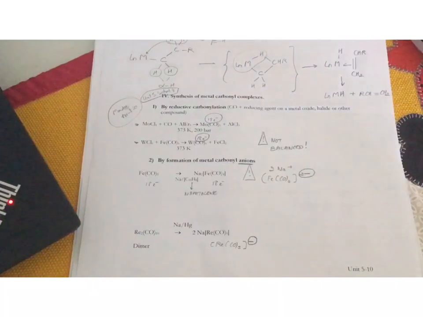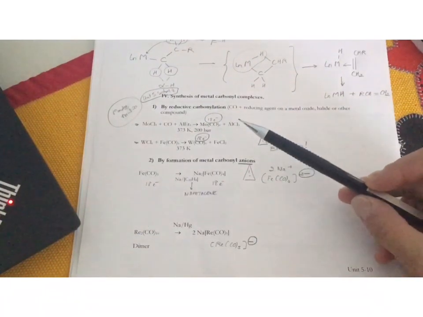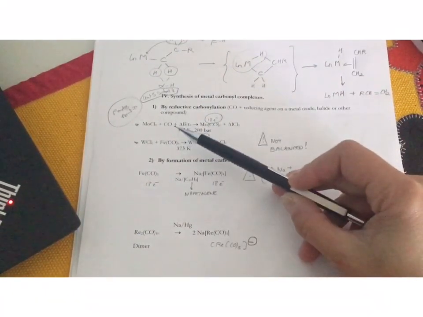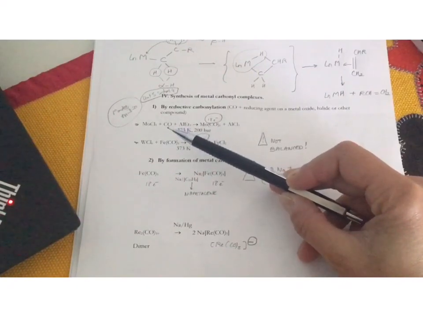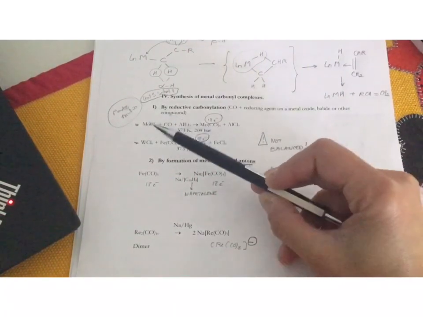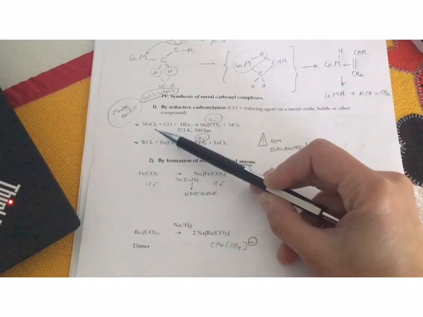In this first case, the source of carbonyl is carbon monoxide. As you notice here, this molybdenum complex does not start with any carbonyl ligand. So it's actually quite a challenge practically to be able to attach.